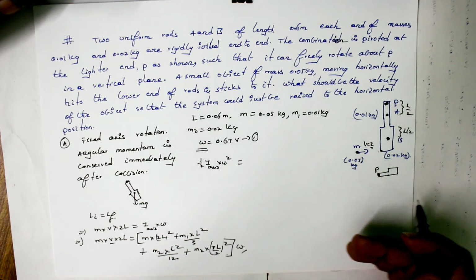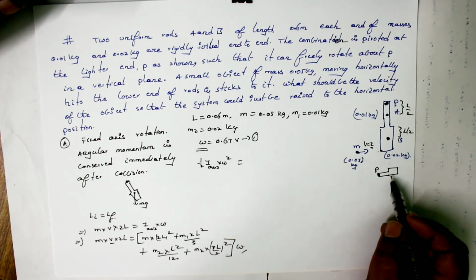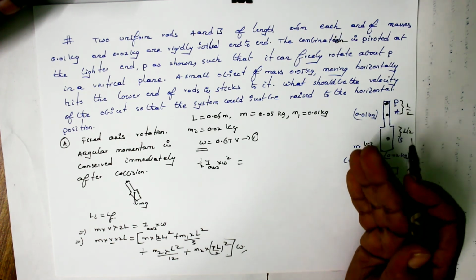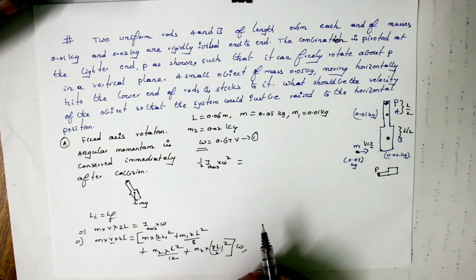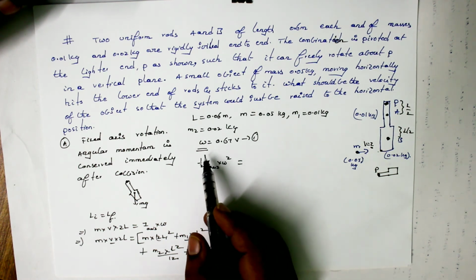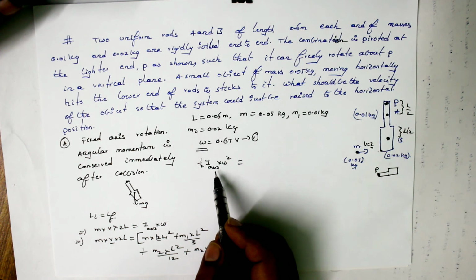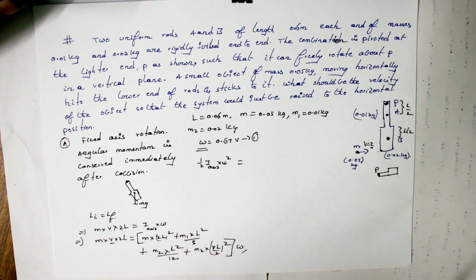When it has reached the horizontal position like this, this total rotational kinetic energy has converted into total potential energy of the system. So I am using the law of conservation of energy. The total rotational energy is half I axis into omega square, and this should be converted into total potential energy of the system.